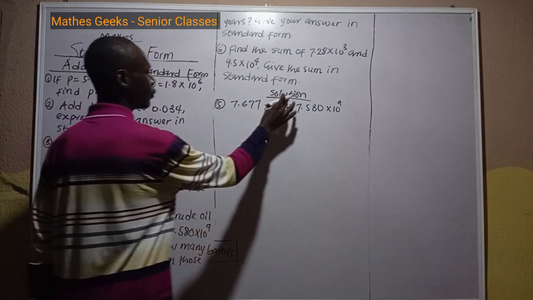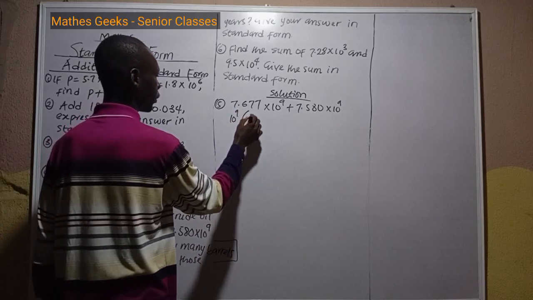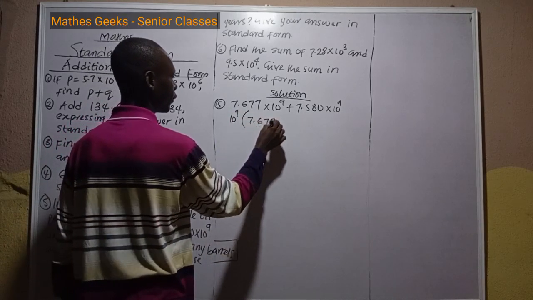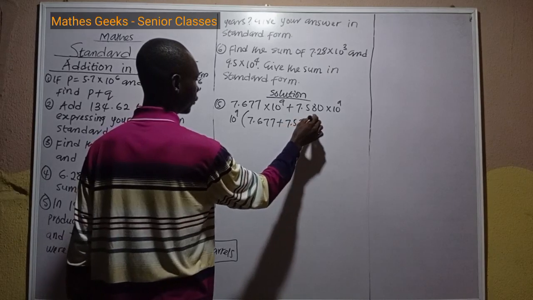So since the powers are the same, we simply factor out the power, 7.677 plus 7.580.